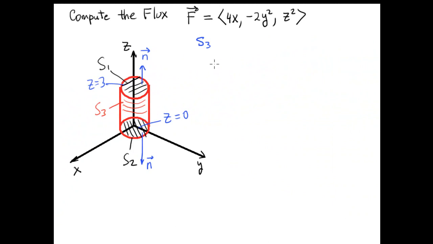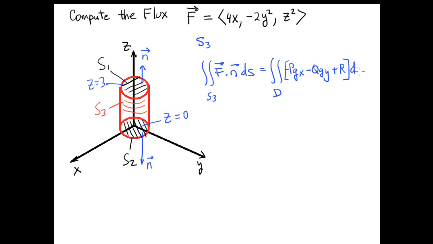The formula says that this surface integral on S3 of F dot n ds is equivalent to the double integral in the region D of minus p gx minus q gy plus r dx dy.